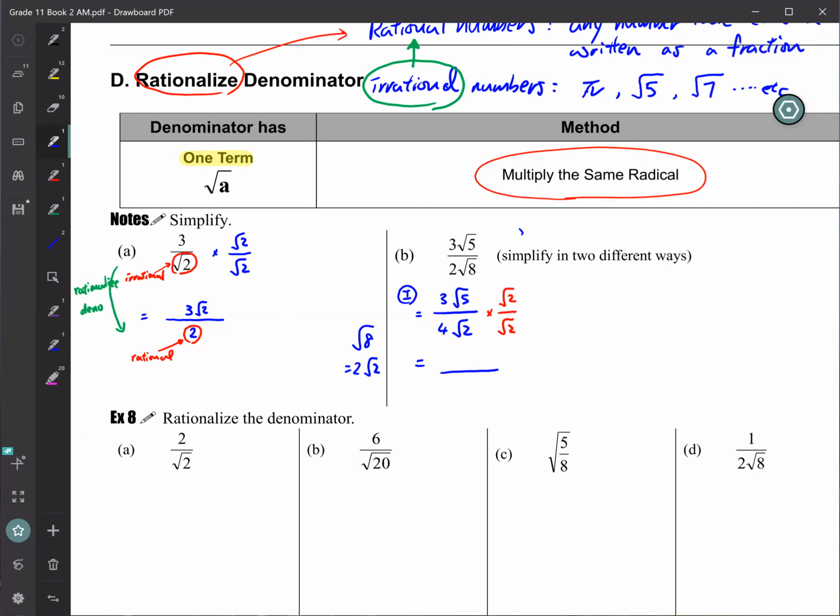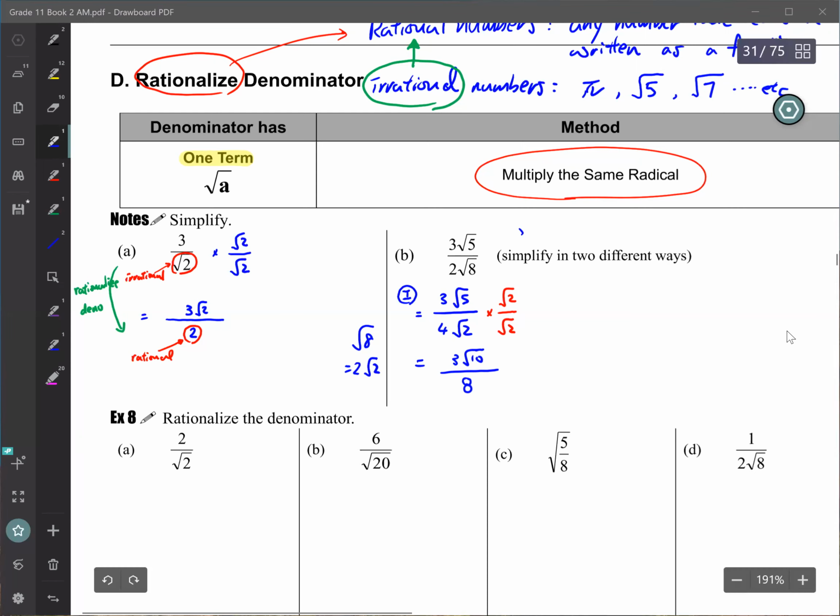Okay, so it'll be 4 times 2, that's 8. And then the numerator would be 3 root 10. Yeah, 3 root 10. And then make sure you double check, right? The 10, is this simplified or not? 10 is only 2 times 5, no pairs. Then you leave it as it is. That's your answer.